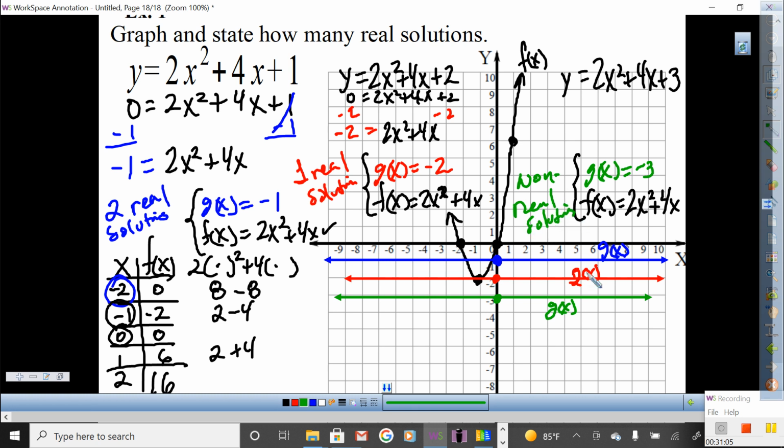So think about this question. How does Mr. Q know that the blue system has 2 real solutions, the red system has 1 real solution, and the green one has none? Talk it over to your neighbor. How do I know what the real solutions are?